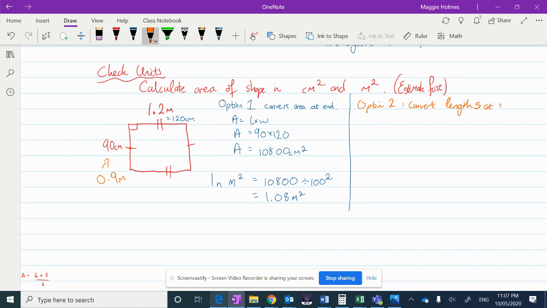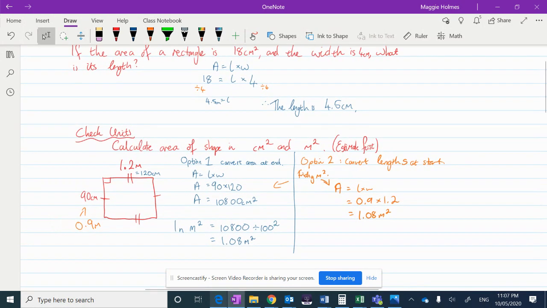So I'm just finding meters squared now, because I would have just done this to find centimeters squared, and now I'm finding meters squared. So I'm going to have area equals length times width, 0.9 times 1.2. I already know what it's going to be, but let's just check. There we go, 1.08. Because both of these were in meters, that's going to be in meters squared.